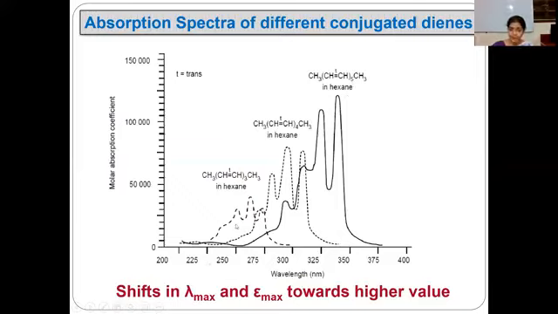You can see in this graph, as the number of conjugated double bonds increases, the value of lambda max on the x-axis increases, as well as the intensity of the band, for 3, 4, and 5 conjugated double bonds. It continuously increases. It means for alkenes, as the number of conjugated double bonds increases, there is a continuous increase in the value of epsilon max and lambda max.